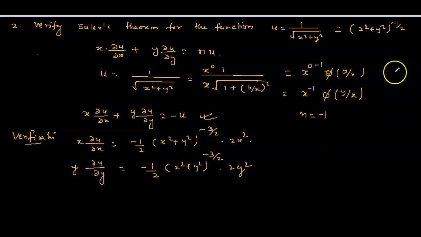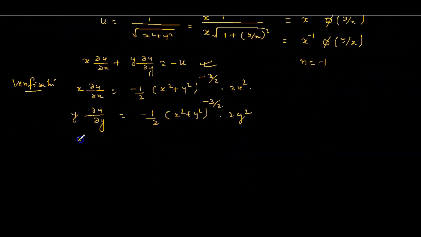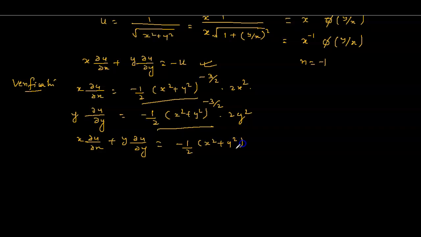Now adding, x into del u by del x plus y into del u by del y equals, taking the common part out, minus half x square plus y square to the power of minus 3 by 2. What is left is 2, and 2 also you can take outside, with x square plus y square. So this 2 and this 2 cancel.